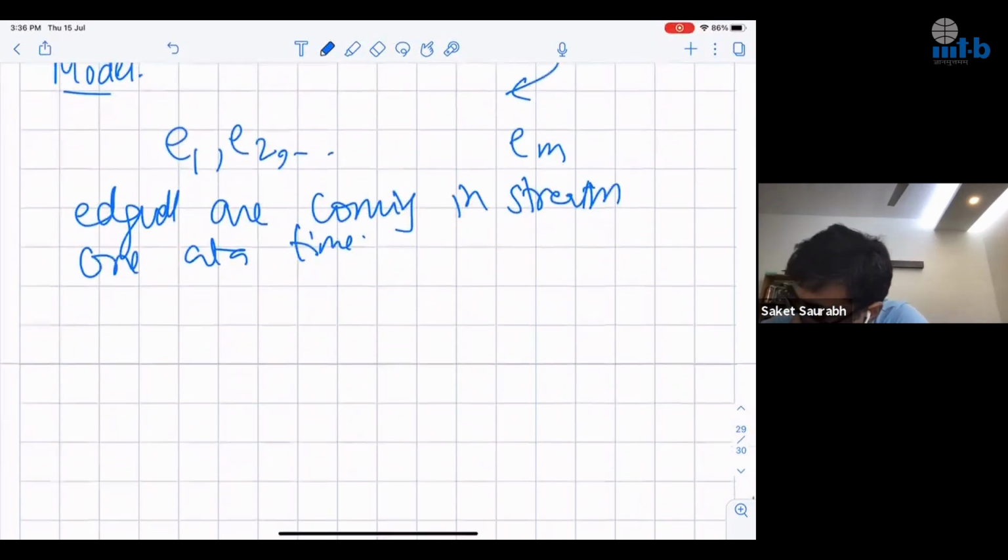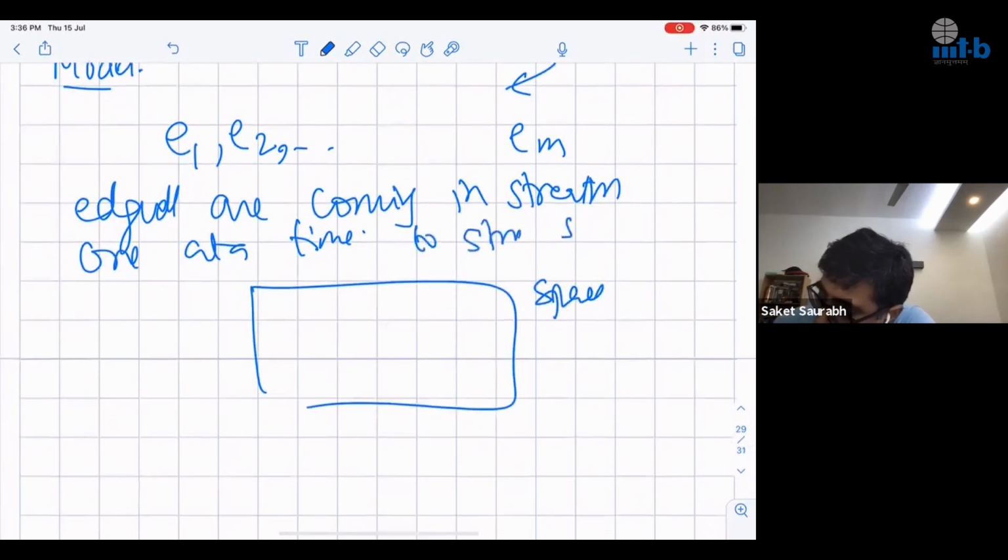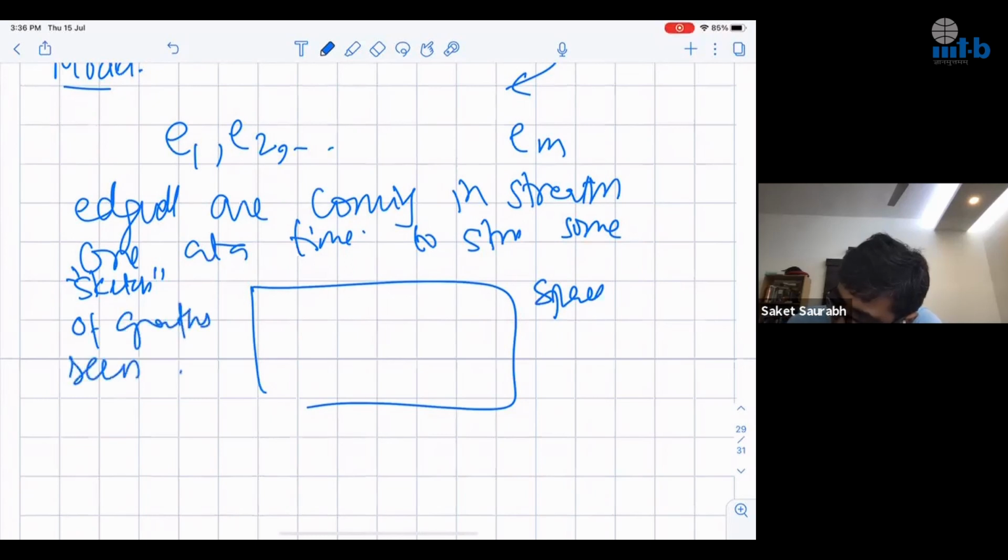And you have space to store some sketch of the graph seen so far. So this is a sketch.